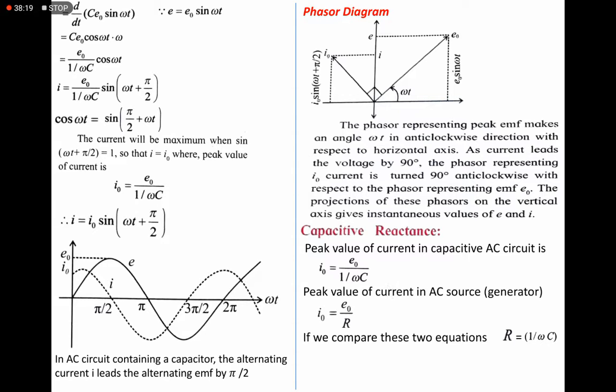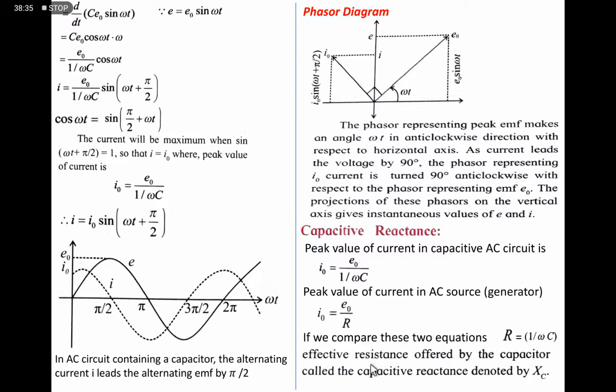This 1 by omega C is the capacitive reactance, the opposition to the AC current in the capacitive circuit by the capacitance, and it is denoted by Xc. So definitely Xc is equal to 1 by omega C, and it is equal to 1 by 2 pi f C, since omega is 2 pi f.